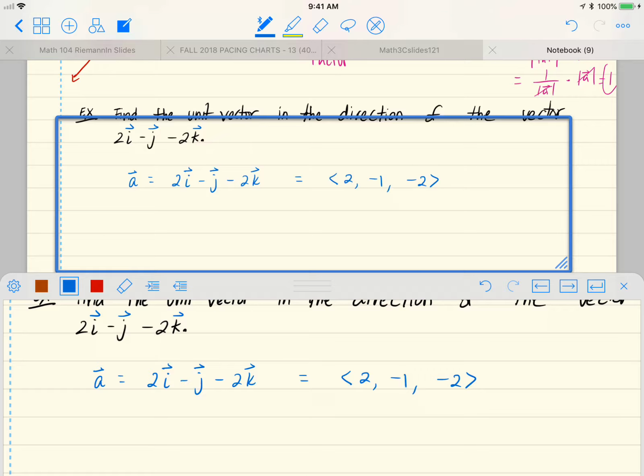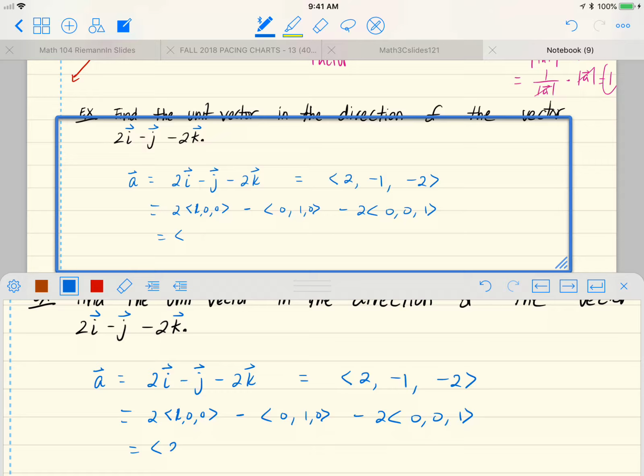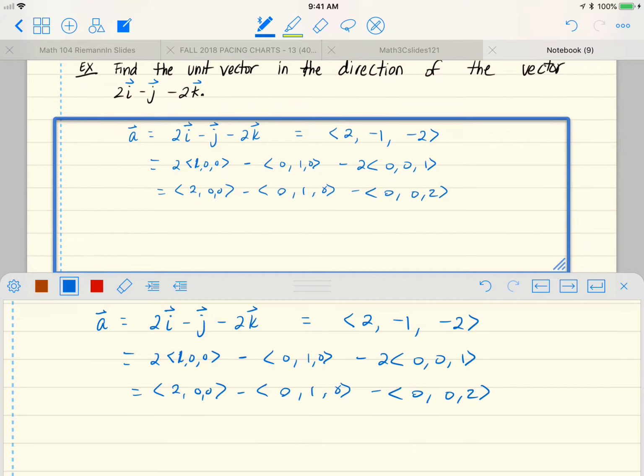Now how do we get that? Remember, that's going to be 2 times i, which is 1, 0, 0. And then minus j, which is 0, 1, 0. And then minus 2 times k, which is 0, 0, 1. Right? So now we scale that in, so we'll get 2, 0, 0, minus 0, 1, 0, minus 0, 0, 2. Okay?